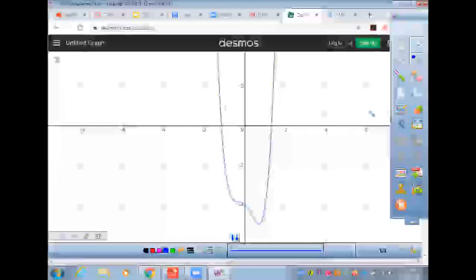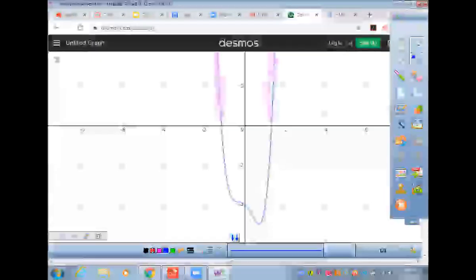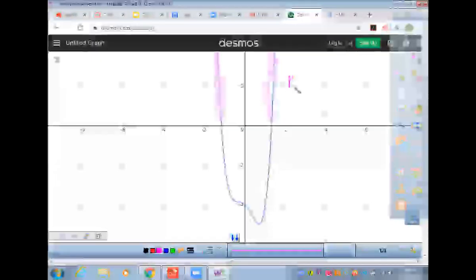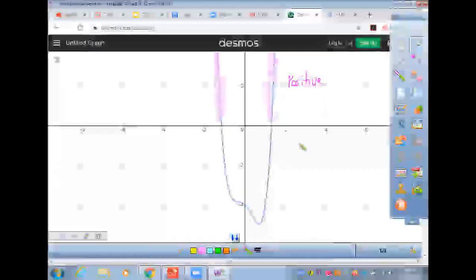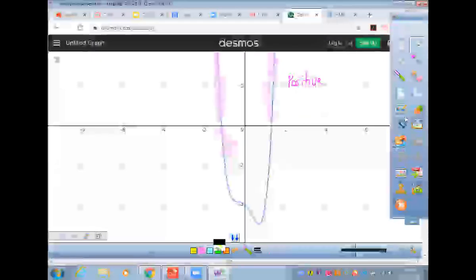So it is above the x-axis here and here. So those would be the positive parts of that graph. The negatives being below, oops, not what I wanted. There we go. This is all negative.